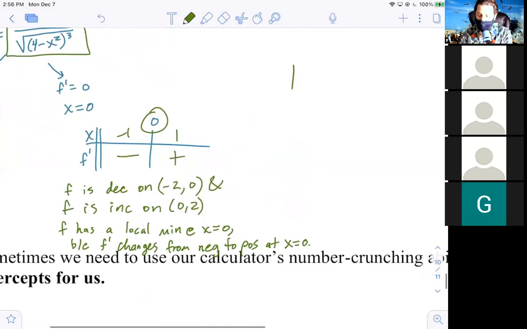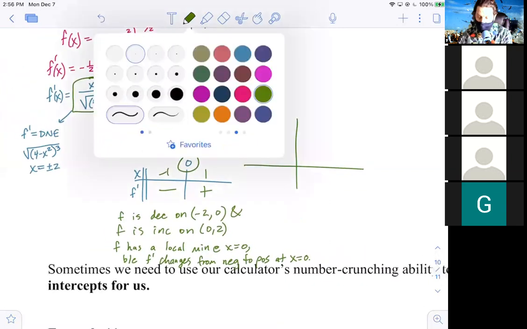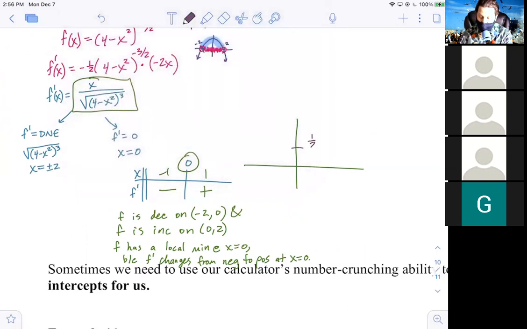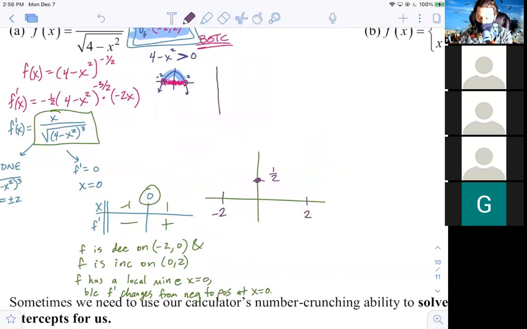So if we're going to be sketching the graph, I know that the y-intercept is (0, 1/2), right? Something like that. And I know that that is a local min, and I know that the domain goes to -2 and out to +2. I know it's decreasing everywhere to the left over its domain and increasing everywhere to the right.